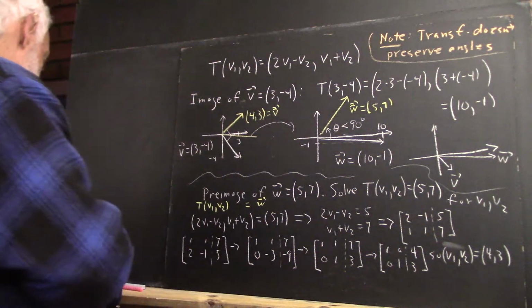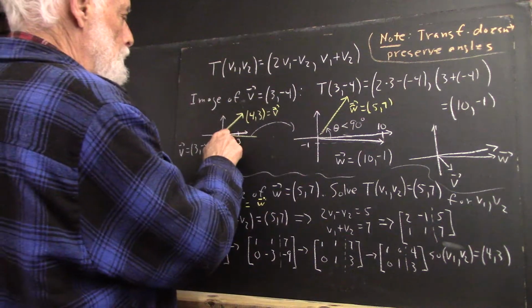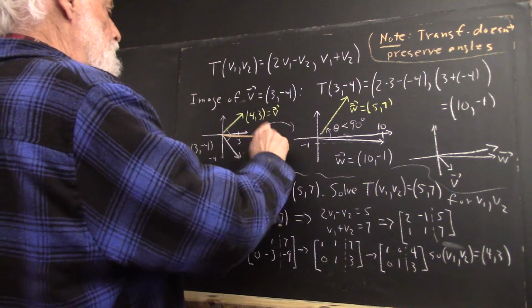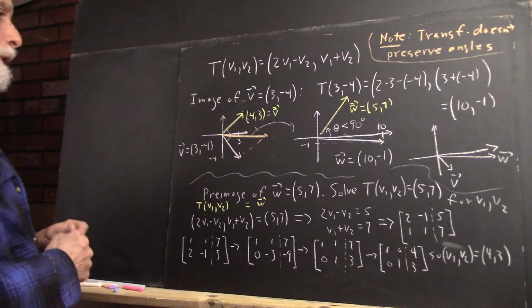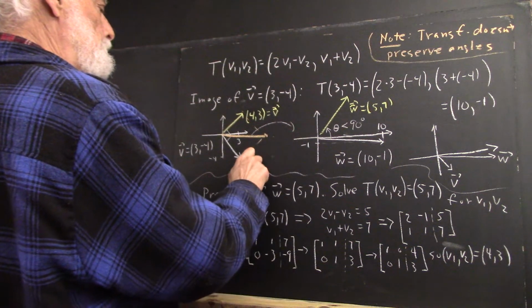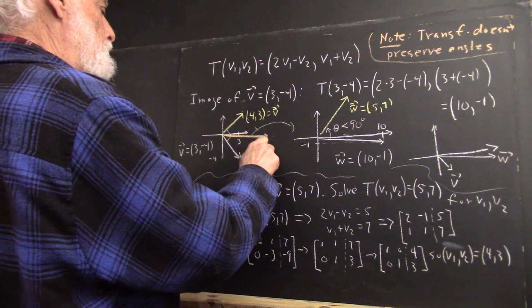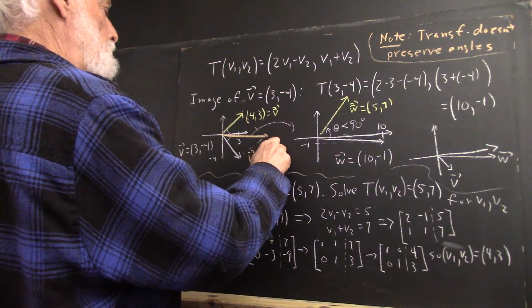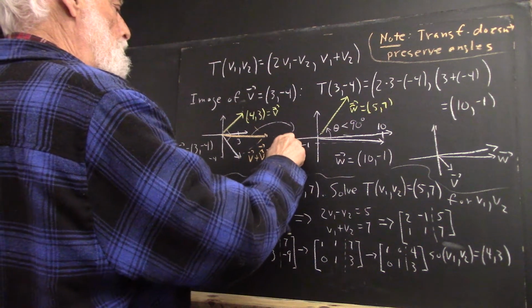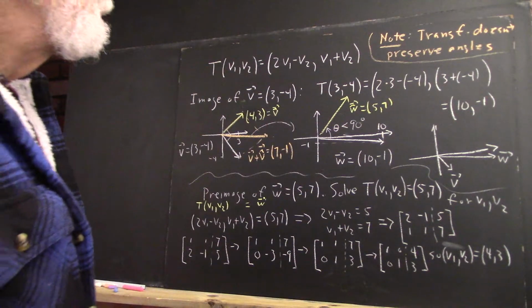And I wanted to use a different color. I grabbed the wrong piece of chalk. Okay, so if I do the parallelogram, I get the vector V plus V hat equals 7, negative 1.